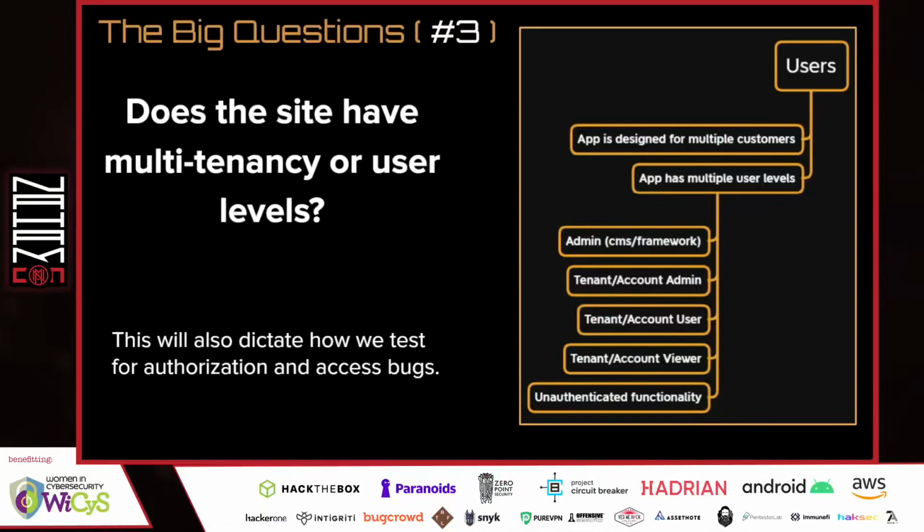A lot of these last 3 slides are specifically about authorization and access bugs, because as time goes on, the frameworks and the protection technologies tend to push us away from traditional injection bugs. Cross-site scripting protections are released in every new framework, and although there are bypasses, there are fewer and fewer of them as time goes on. They'll always be around, but they're not going to be as prevalent.